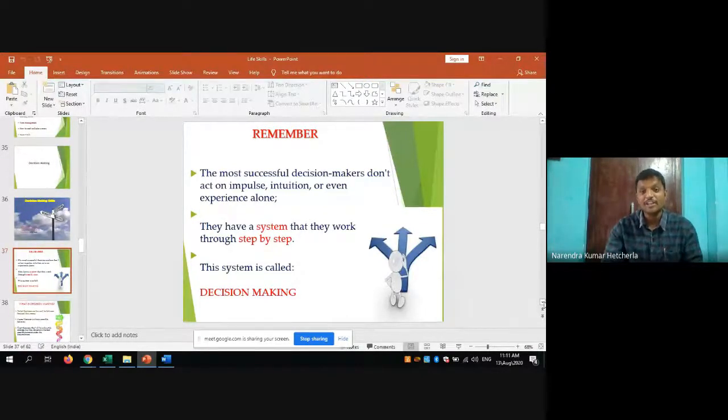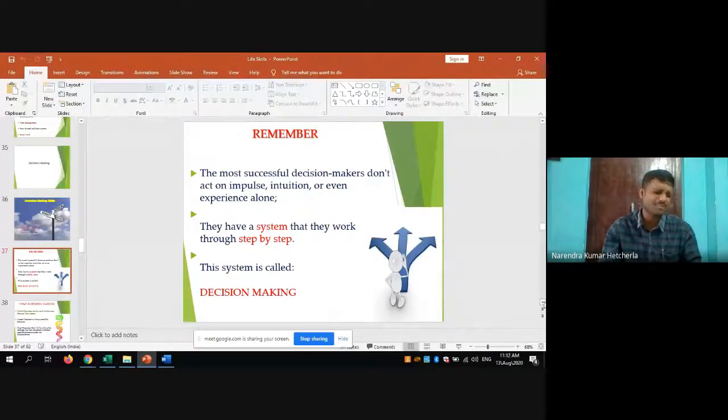Or intuition. Intuition in the sense, I feel this. You may take it that intuition and impulse are emotion in a way. So we don't act on impulses. Abrupt thoughts, we don't act upon that, right? So the most successful decision makers don't act on impulse.